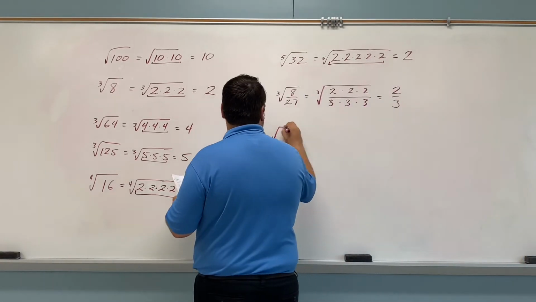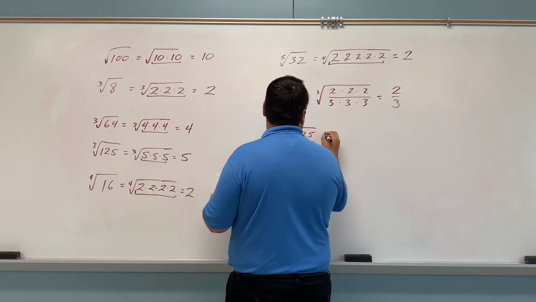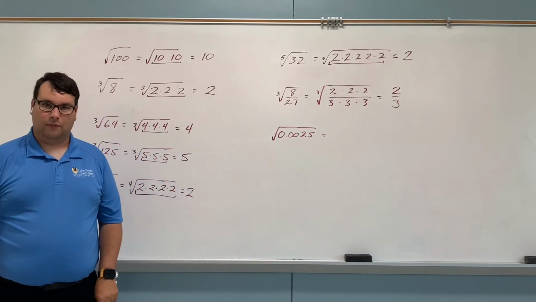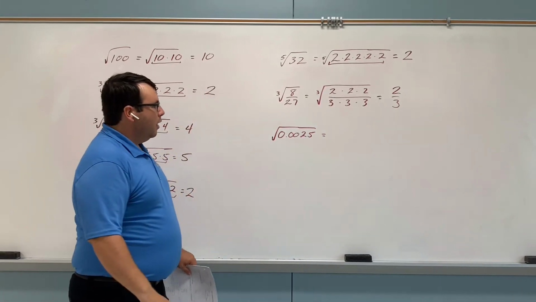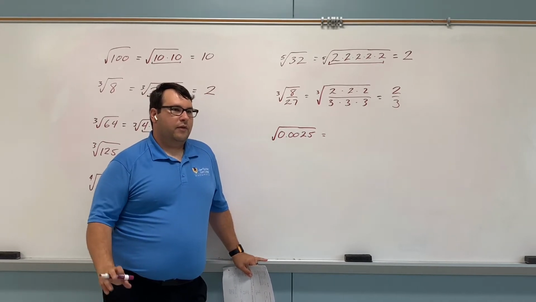What about the square root of 0.0025? Ugh, decimals. It's terrible, right? Decimals are actually not too bad. Here's the thing.